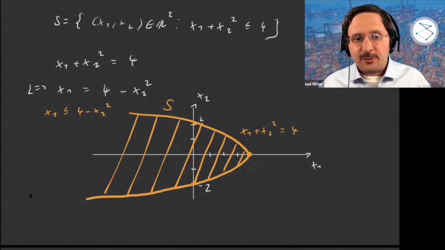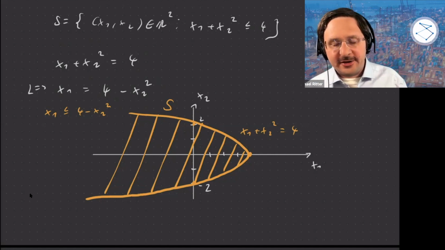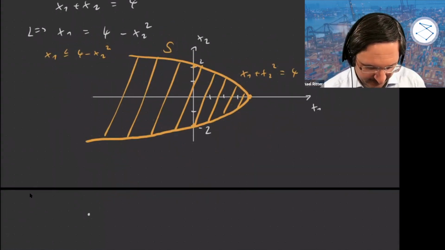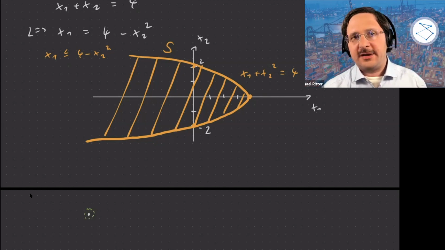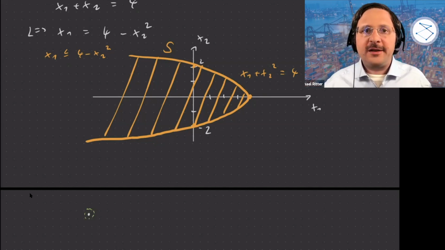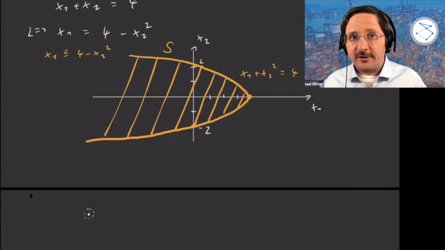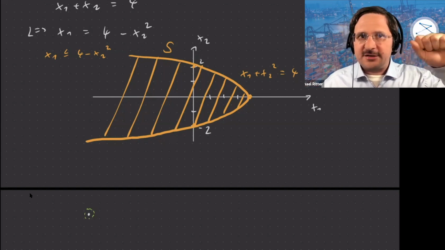Now, what about interior points, boundary points? Remember, an interior point means if I have this point, I can draw a small disk around that point that is still contained completely in the set. Points with that property are called interior points, where I can choose the size of the disk arbitrarily small.